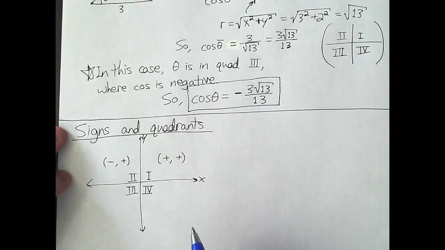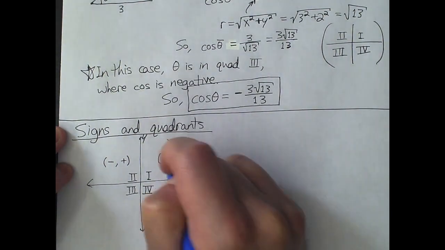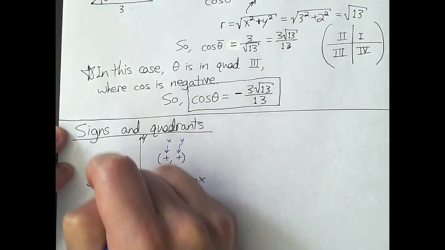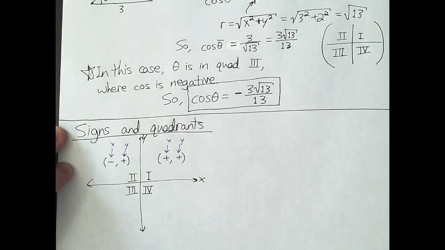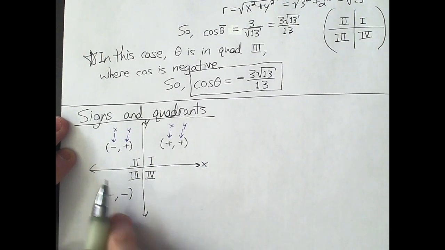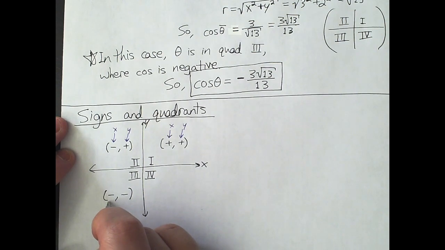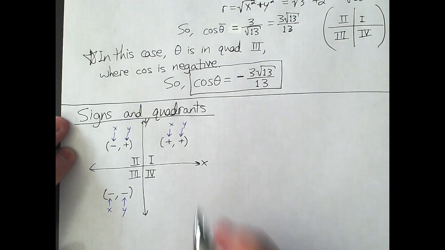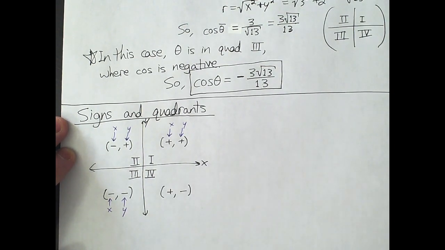Since I'm talking about x values and y values, I'm going to label these. This is basically my x, comma, y. In quadrant 3, both of them are negative. You think about what points you could find down there. Negative 5, comma, negative 4, things like that. X is negative, y is negative, and in quadrant 4, you have a positive x value and a negative y value.